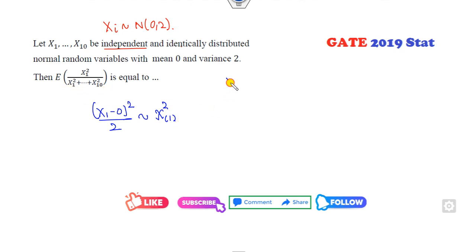Then similarly, xi square divided by 2 will follow my chi-square distribution 1. Now they are independent, it is given to you as independent. Now I can write this quantity as x1 square divided by 2, multiplied so that it becomes a chi-square. What is the degree of freedom of this?